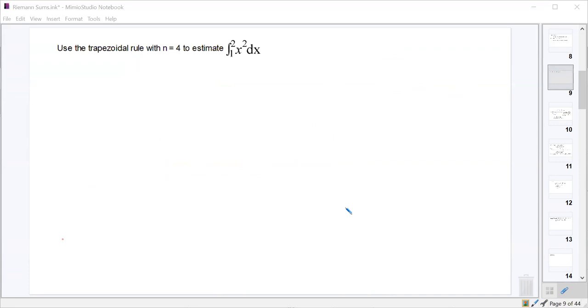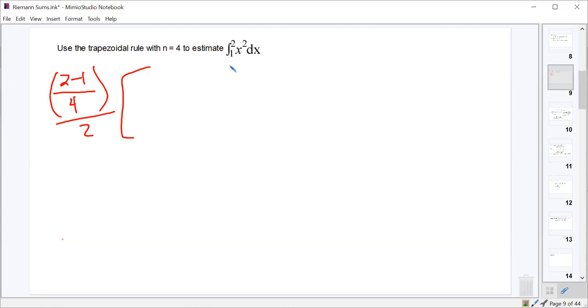All right, use the trapezoidal rule on this. Ready, go. So we've got b minus a, 2 minus 1, over n, 4 subintervals, divided by 2. First y value will be 1 squared. Our subintervals are 1 to 5/4 to 3/2 to 7/4 to 2, right?